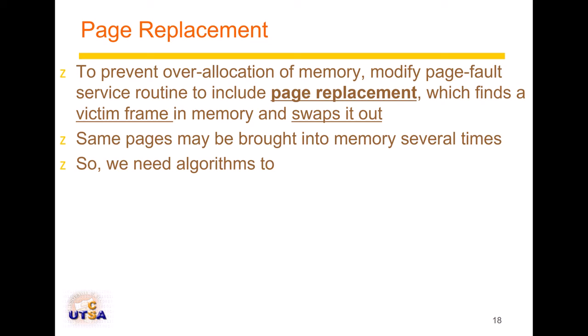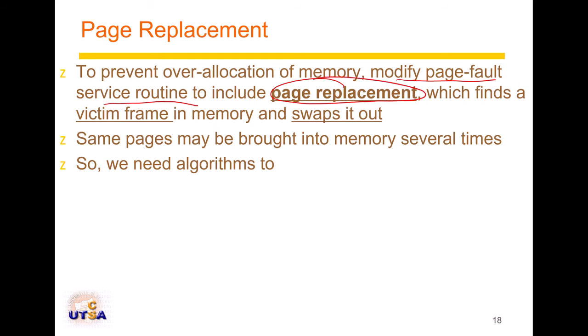Basically, we don't want to allocate too many frames for different programs if they don't need them, right? So we are trying to find the right balance. We would like to give each program just enough frames to do the current execution and current data processing. To prevent over-allocation of memory, we need to modify the page fault service routine and include a page replacement algorithm.